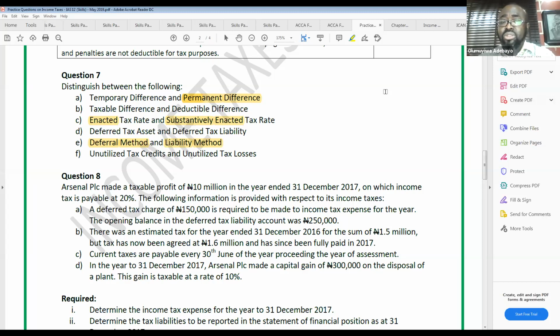But differences that arise from depreciation and capital allowance are temporary differences, because disallowing depreciation is not disallowing it in that context.